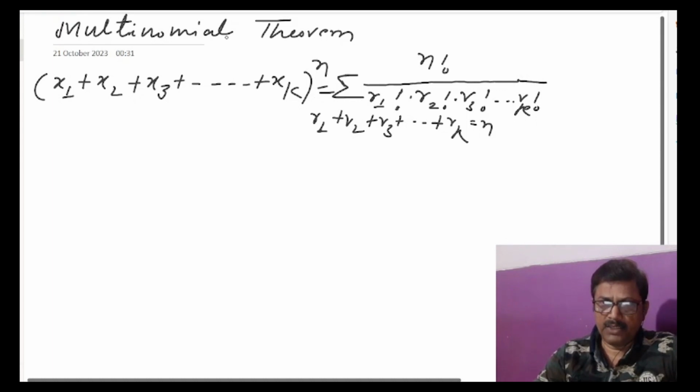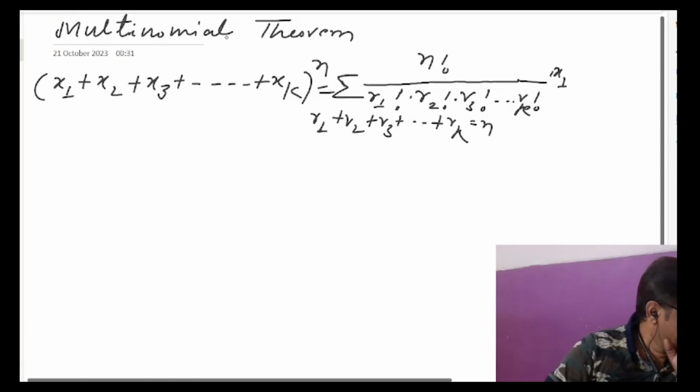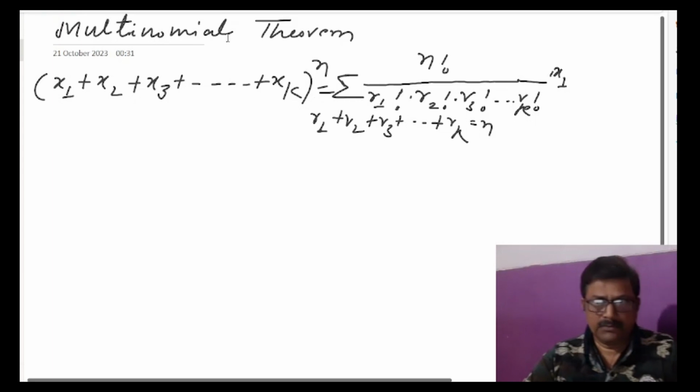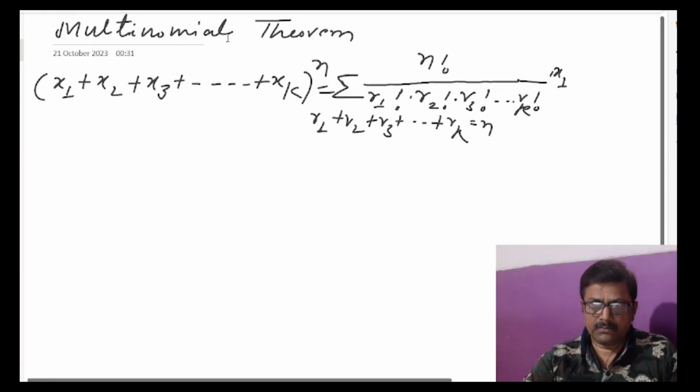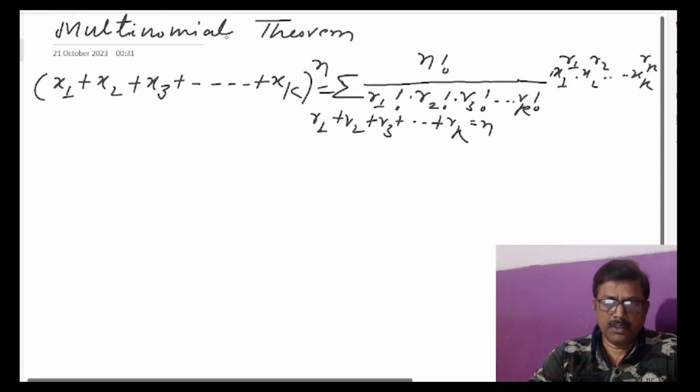So what I wrote up to this point, sigma r1 plus r2 plus r3 plus dot dot dot plus rk equal to n, n factorial upon r1 factorial into r2 factorial into r3 factorial dot dot dot into rk factorial, into x1 to the power r1 into x2 to the power r2 dot dot dot into xk to the power rk.